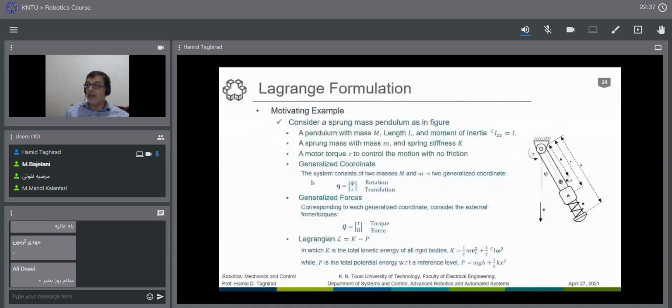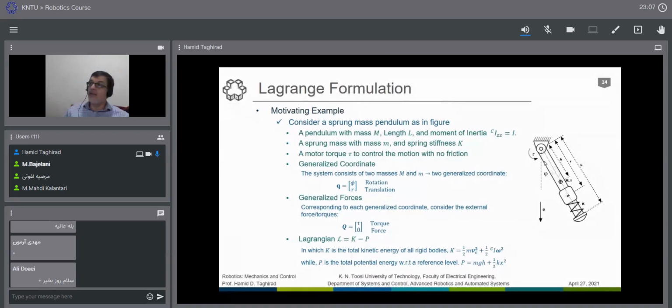I consider a system with 2 degrees of freedom. We have 2 masses here, one mass here as a pendulum, which is rotating about this axis, and one mass here, which we consider a point mass, which has a translating motion along this axis.